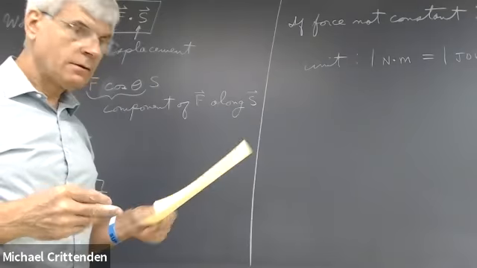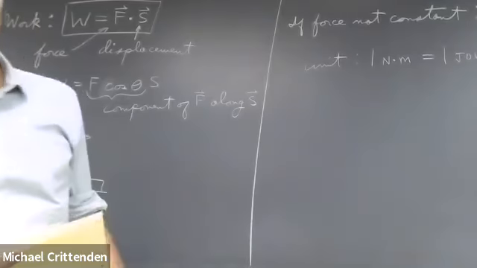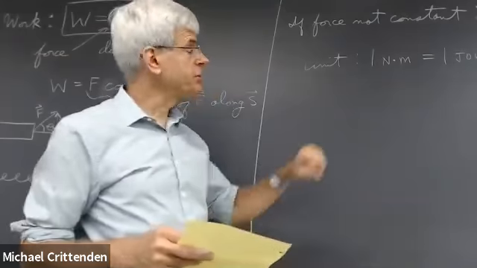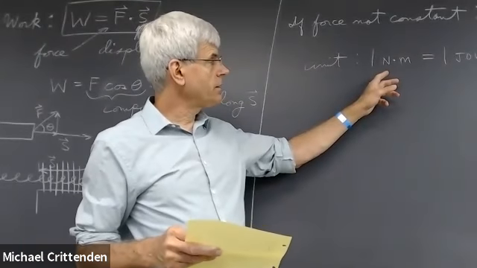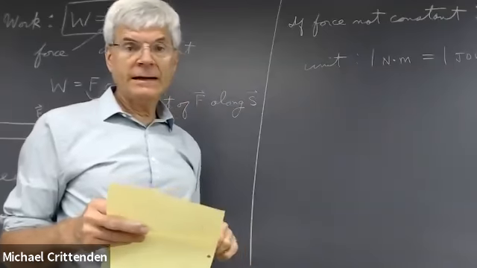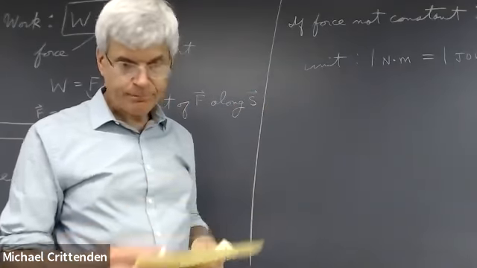That's the SI unit. In traditional British units, the equivalent would be to measure work in foot-pounds, and that does not have a name of its own. It's just a foot-pound.